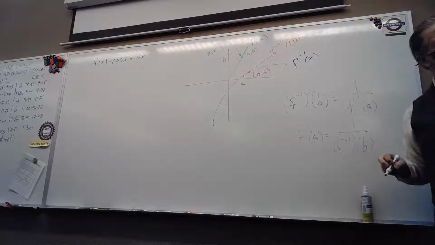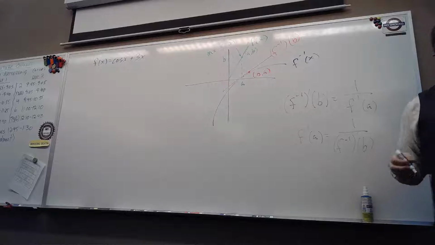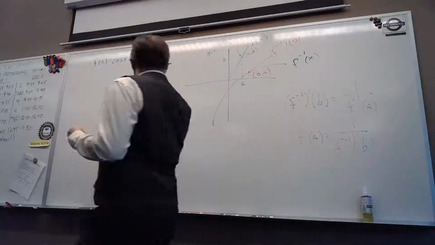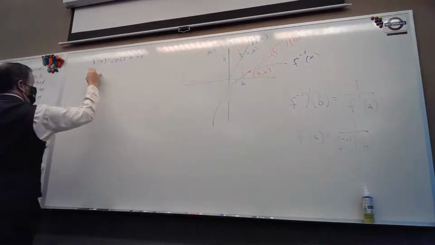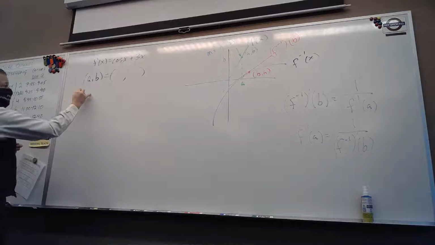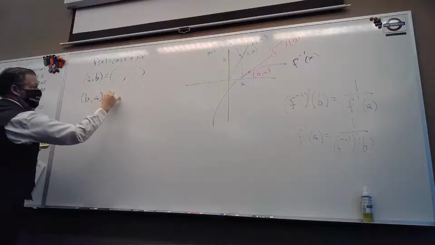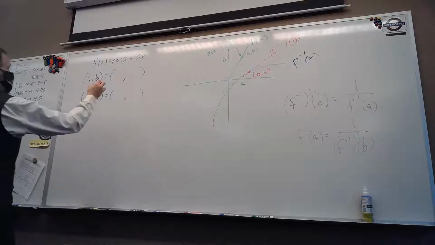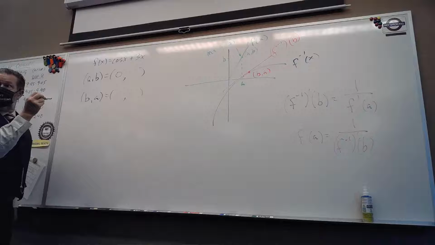So when you're looking at a problem like this, the question is, first off, what are my points? I need to know a and b, because when I know a and b, I will also know b and a. So when I look at this problem, they ask me to find f of 0 and f prime of 0. So that means that we can assume that a is 0.